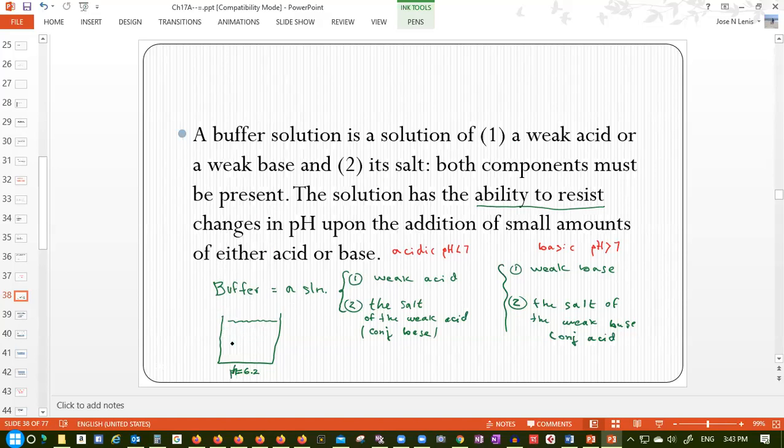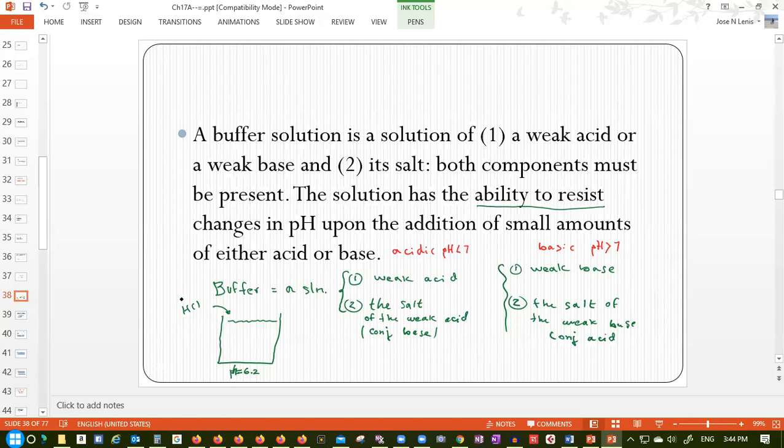So let's say you have this container in your lab and somebody by mistake adds a few drops or a few mLs of strong acid, let's say HCl. Since you have a buffer, your buffer should be able to resist, to adjust, so the pH of the solution will not change, even if you add small amounts of strong acid.